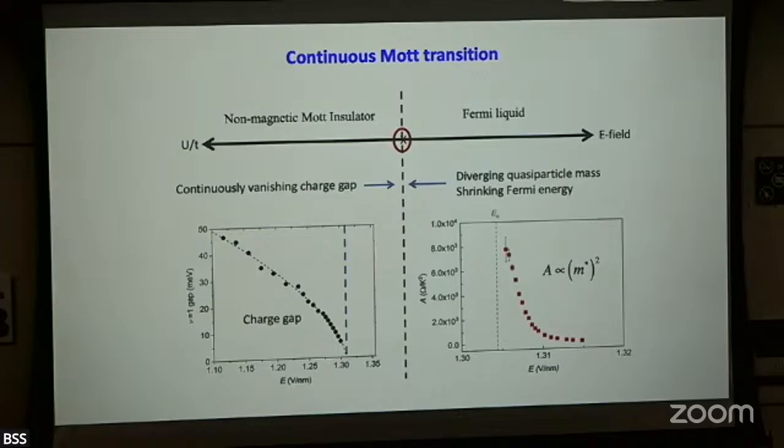If you set a value of U over T and increase the temperature, you melt the Mott insulator into something, right? What is the melted state? It's your question of whether it's Fermi liquid or not Fermi liquid, right? It's Fermi liquid, and I should point out there's a subtlety here.